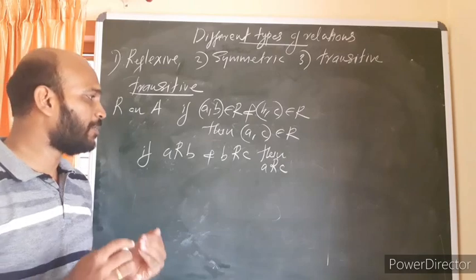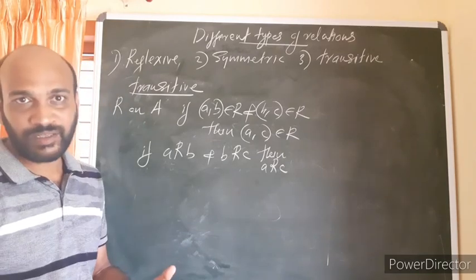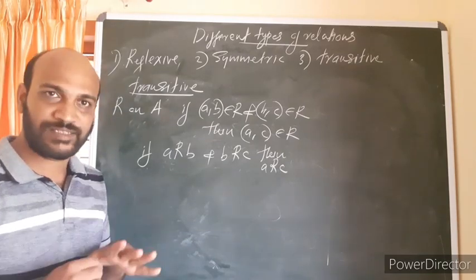Okay. If AB is not there, BC is not there, we need not bother about AC.